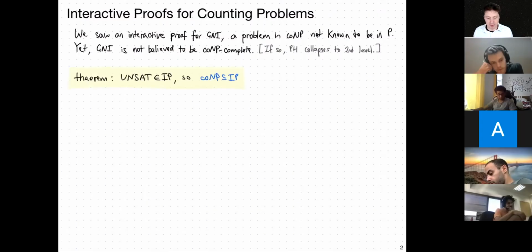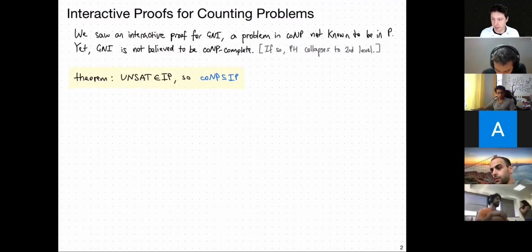Today we'll see a couple of theorems. The first one is we'll prove that the language UNSAT, that is the language of unsatisfiable Boolean formulas, has an interactive proof. Now, the same way that SAT is NP complete, UNSAT is co-NP complete. And therefore, by giving an interactive proof for UNSAT, we drag all of co-NP inside IP.